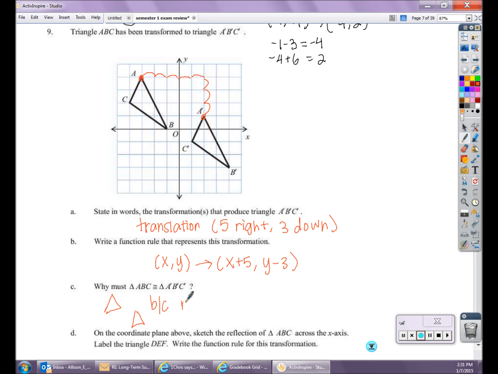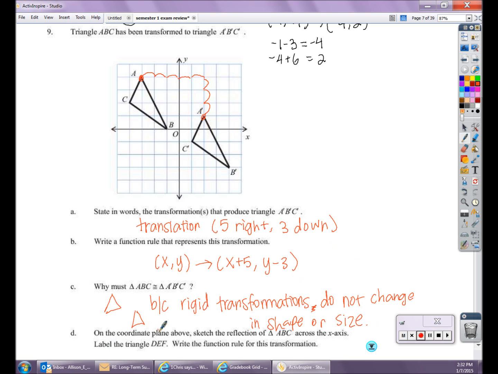Because rigid transformations do not change in shape or size, unlike dilation. Right?